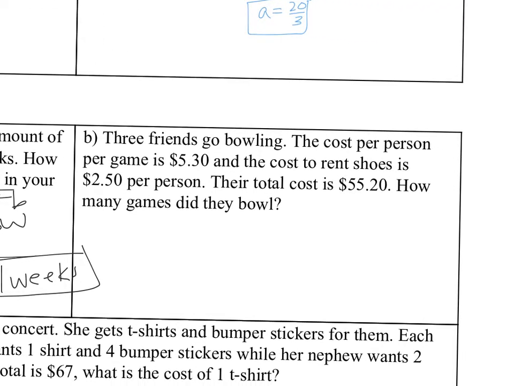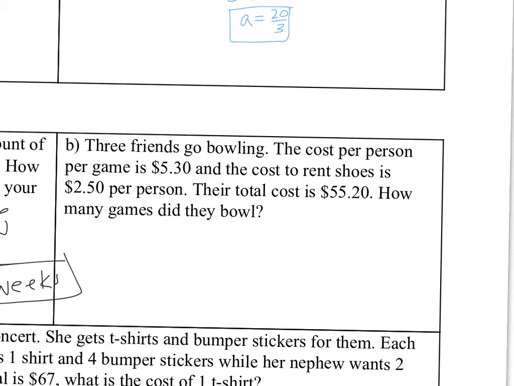3 friends go bowling. The cost per game is $5.30 and the cost to rent shoes is $2.50 per person. Their total cost is $55.20. How many games did they bowl? How many games? So this tells me my variable is G. So we know that when you rent shoes to go bowling, that costs the same no matter what. You're not going to buy new shoes for each game.